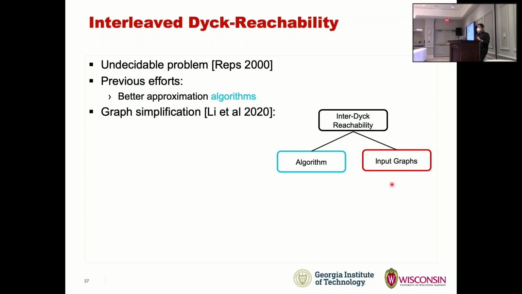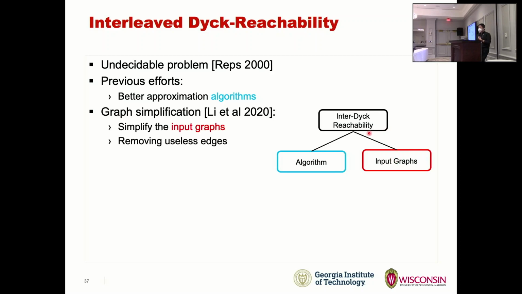Recall that the input graph is also an input for your reachability algorithm. So the question we have been thinking about is whether we can do something on the input graph such that we can improve all of the existing graph reachability algorithms. By manipulating the input graph, I mean removing some useless edges in the input graph.